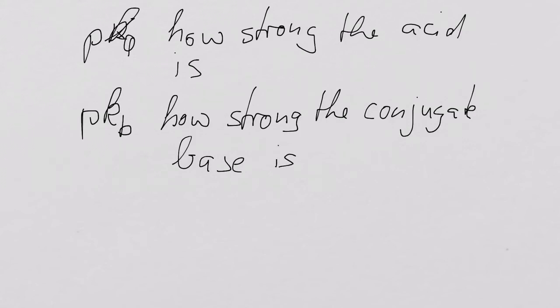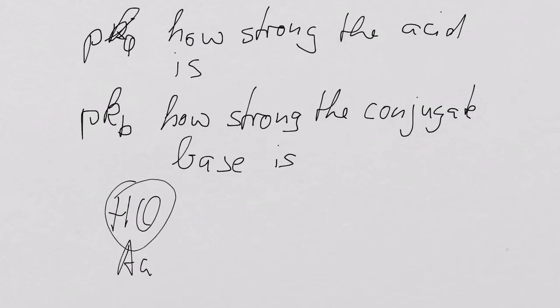So if I'm a very strong acid, like HCl, what is the conjugate base to HCl? So HCl, this is the acid, right? What is the conjugate base to HCl?